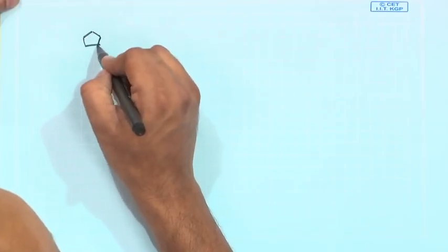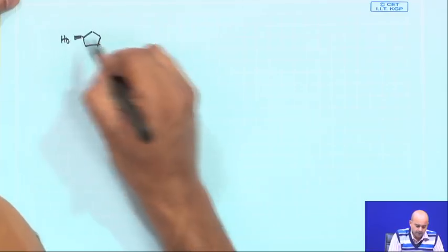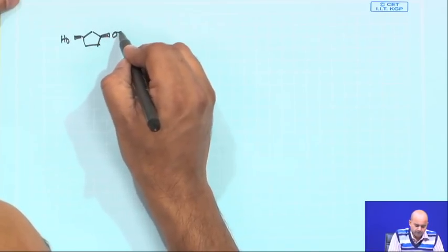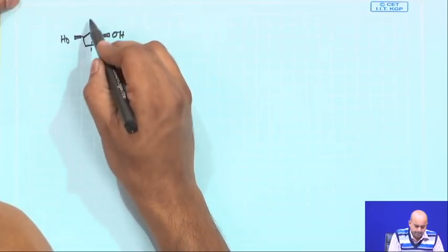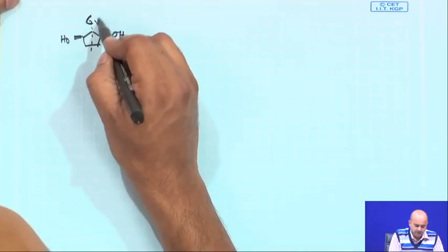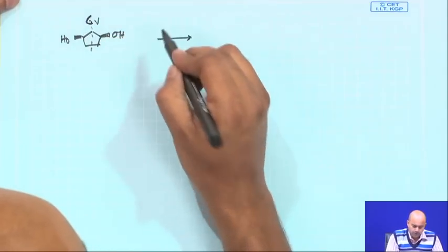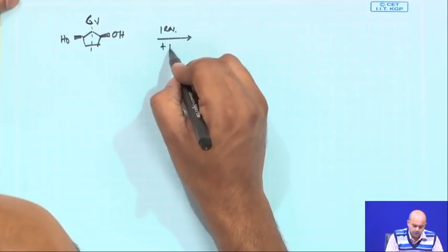Say we take the second compound, which has a cis relationship between the 2 hydroxy groups, and this molecule has a sigma v. We will use one equivalent of protecting group.